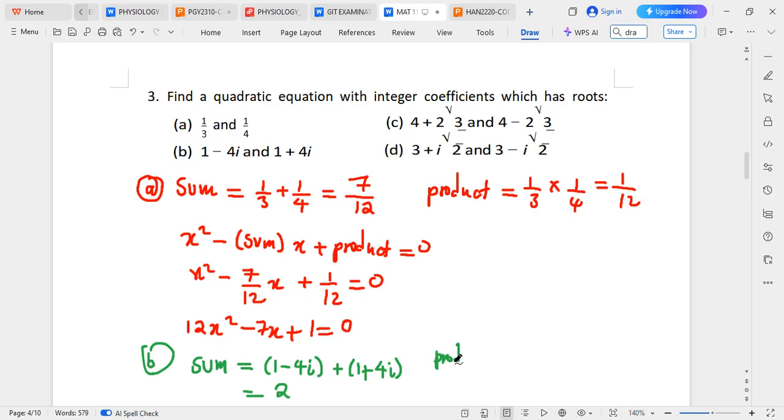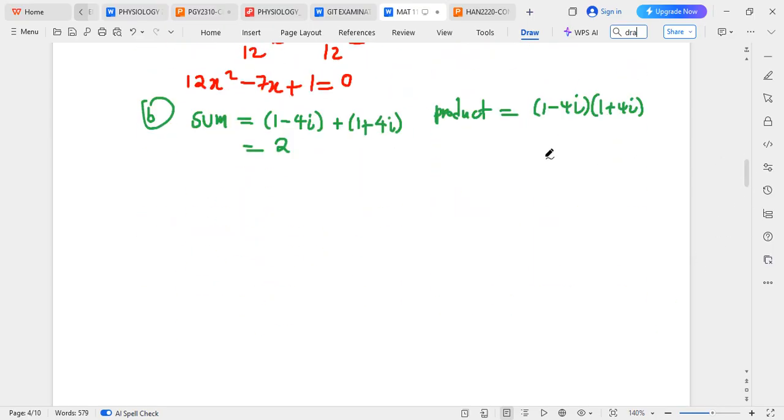And then the product of the roots, multiply the two, 1 minus 4i multiplied by 1 plus 4i. That is going to be 1 times 1 is 1, 1 times 4i is 4i, negative 4i times 1 is negative 4i, negative 4i times 4i, that is negative 16i squared. Remember, i squared is negative 1, so negative 16i squared is just positive 16. So this is going to be 1 plus 16.